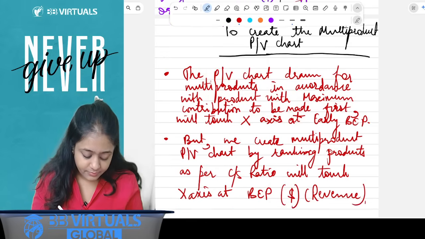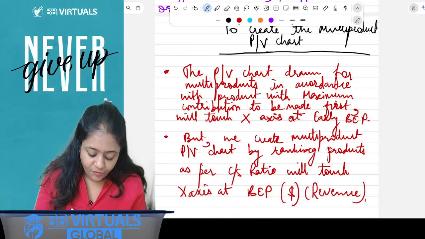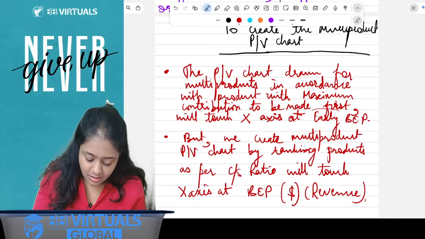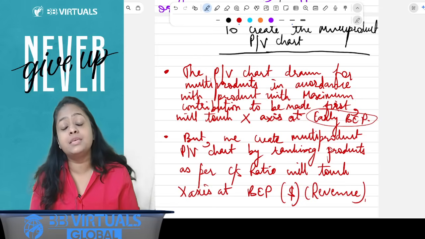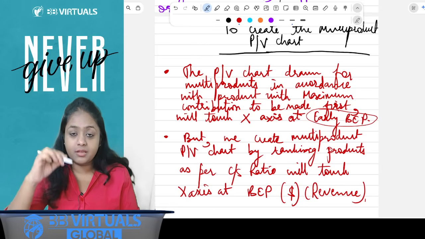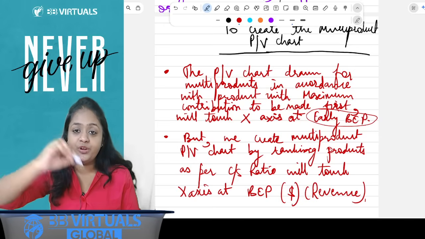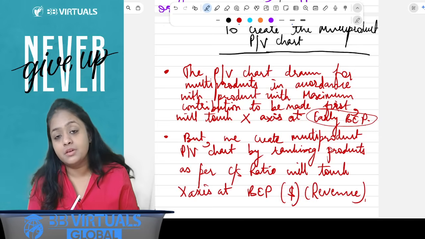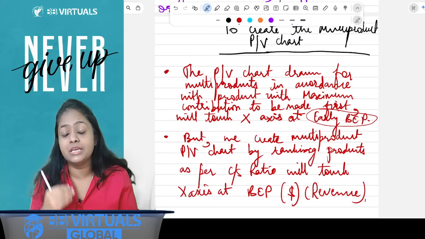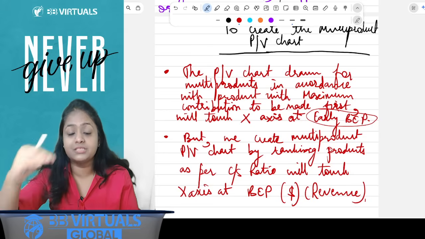Like the PV chart drawn for multi-products in accordance with the product with maximum contribution to be made first will touch the x-axis at the early break-even point. It simply means that when you are drawing the PV chart and you create the PV line, the profit line is based on the ranking of the products, that is, the product with the maximum contribution is produced first, then the next, then the next.